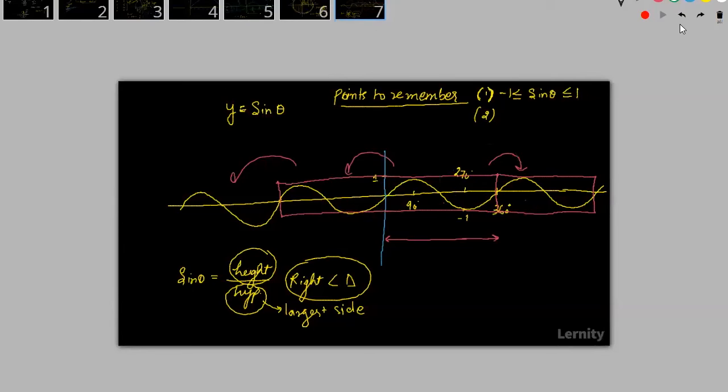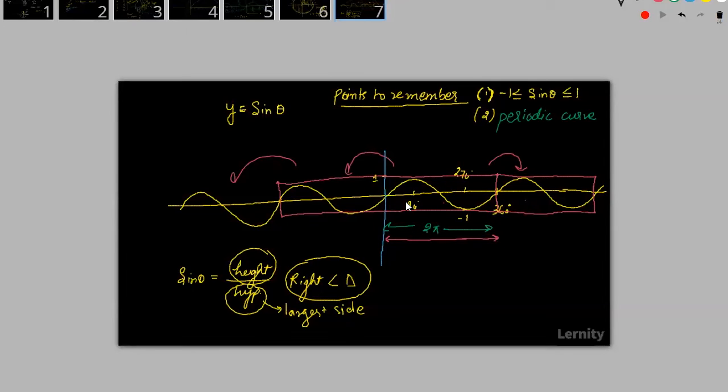Again it will become a periodic curve, right? So from here to here, what is the period of this particular sine curve? From here till here, I can take the total periodicity as 2 pi. So for 2 pi, from here till here, sine is repeating itself.